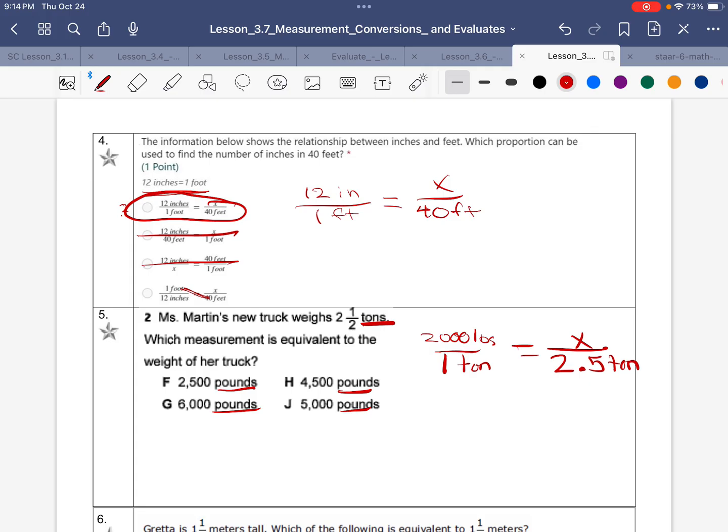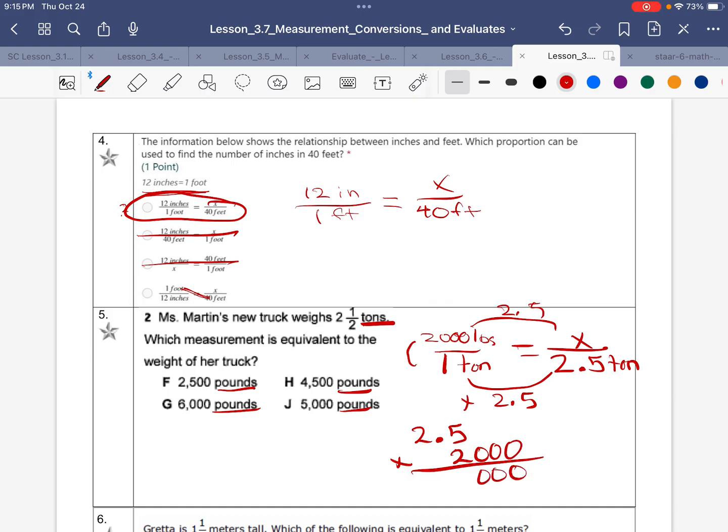One way you could do it would be times 2,000, but we also could just say times 2.5 here, and then times 2.5 here. The trick I do, so I don't have to do all of these zeros, is I do 2.5 times 2,000, and I actually drop my zeros.